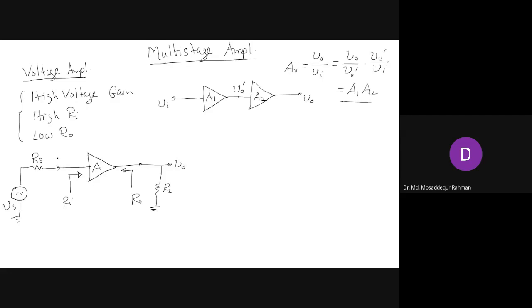The voltage at the input of the amplifier is Vi.